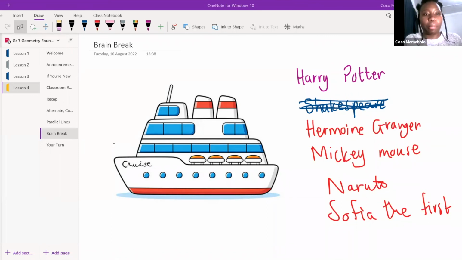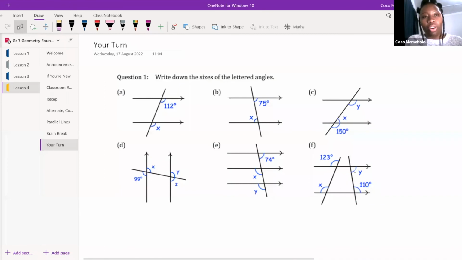Okay, so we're going to put all those corresponding, alternate and co-interior angles together. We're going to start looking at how we're going to measure them. All right, so now we're going to start with A. And we're going to look at these two angles on parallel lines. Right, so can I ask you guys in the chat, let me know, what is X going to be equal to?